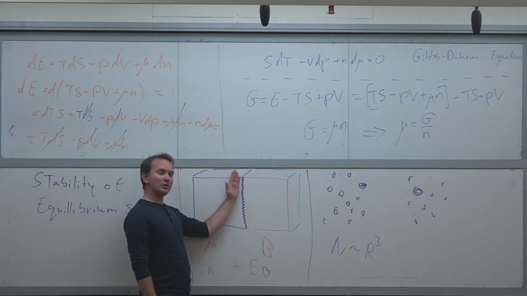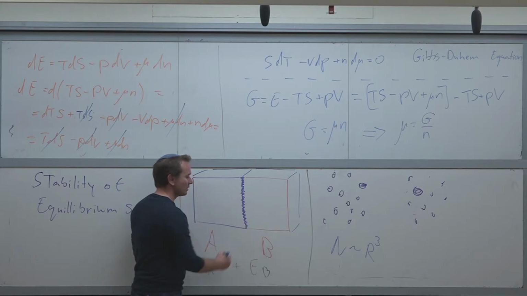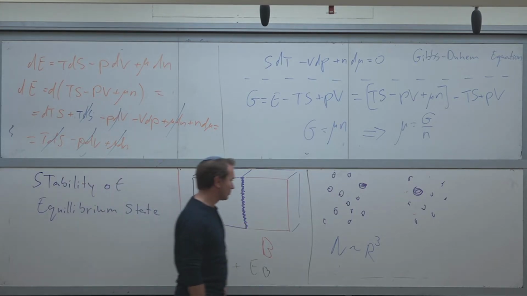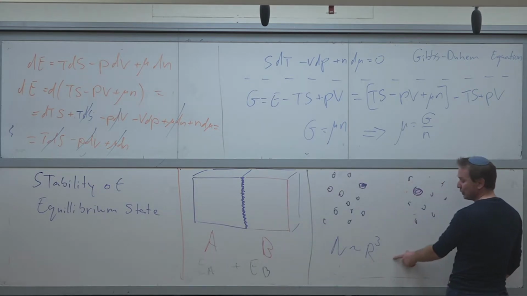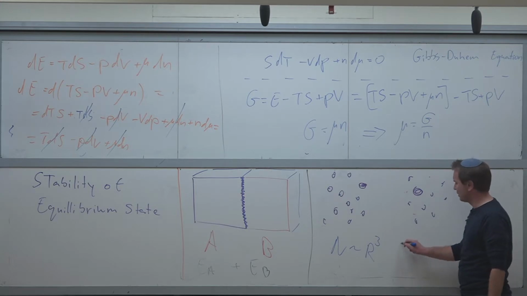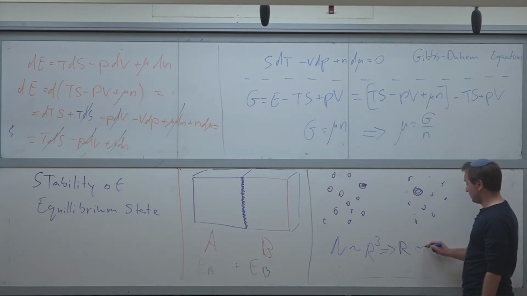From this, we can obtain that r is proportional to n to 1/3.